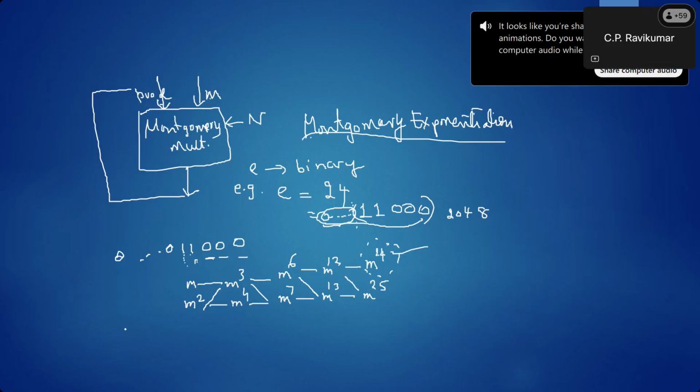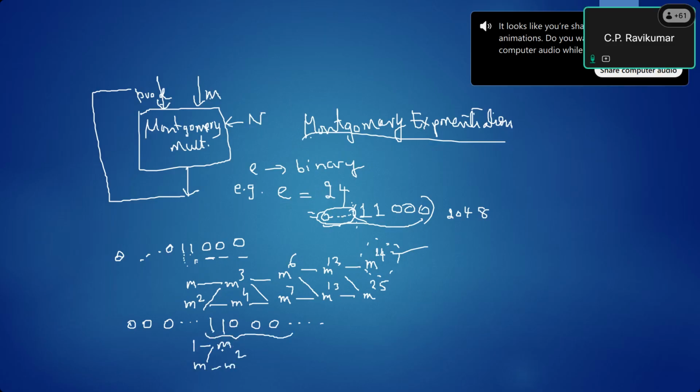I think a slightly improved version is to not start with the initialization, but with 1 and m. Then when you see this first 1, you can do the same thing: multiply these two and square.